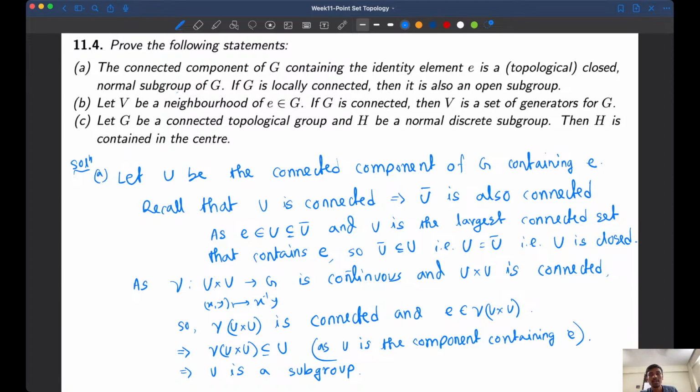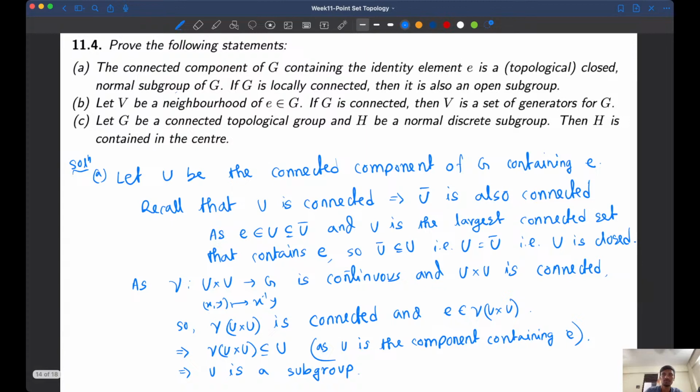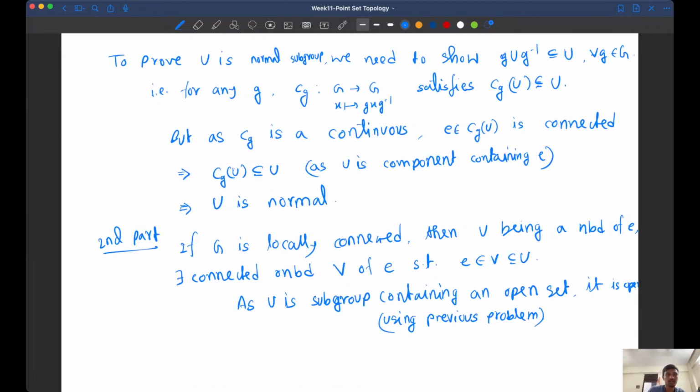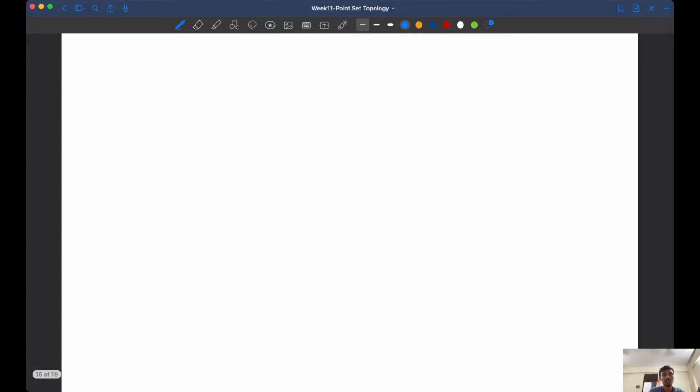So I have to show that H is contained there. For that you probably need a bit more, so let me just quickly write that. You basically have to prove that H is contained in the center.